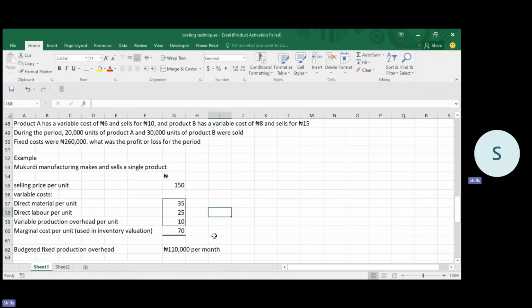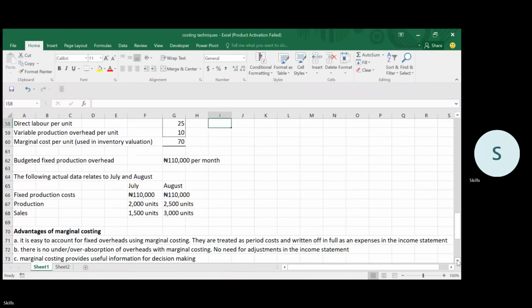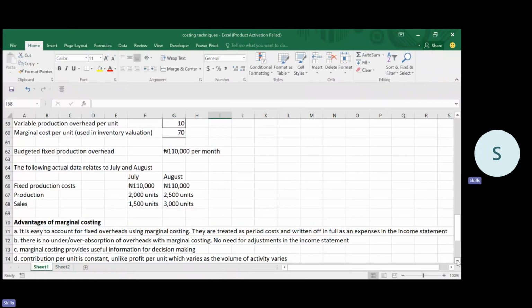It says budgeted fixed production overhead. The budgeted fixed production overhead is 110,000 naira per month. Then the following data relates to July and August.